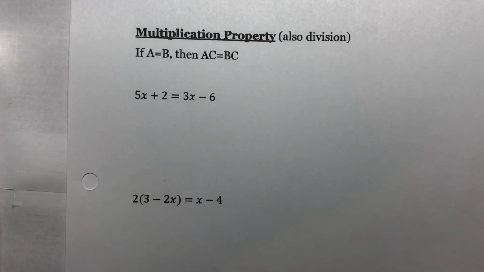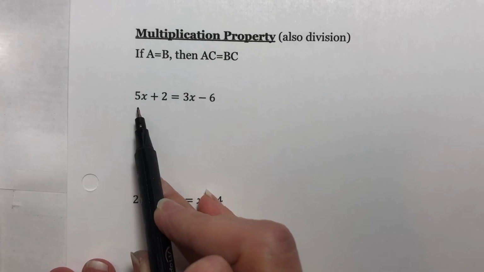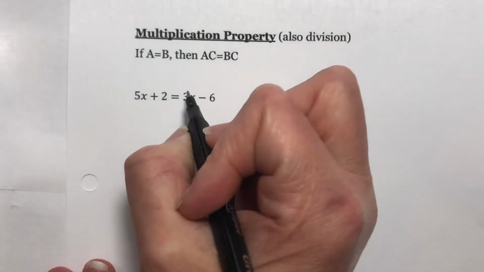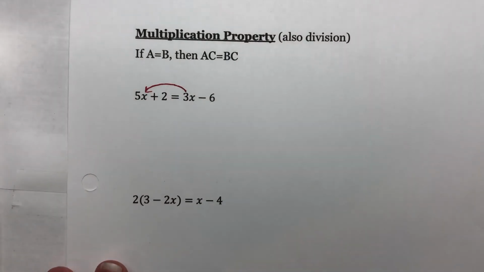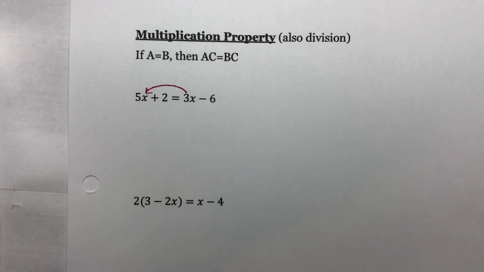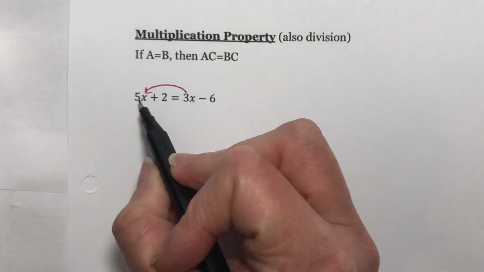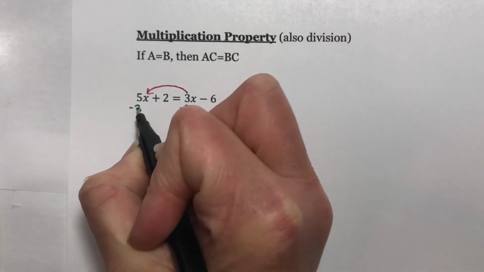For me, though, I want to move this 3x over to the left. So I'll usually draw an arrow indicating what it is I'm trying to do. This helps a lot because if you make a mistake, you can easily see what it is that you tried to do, so you can easily check that step. Technically, to move this 3x over, I'm subtracting 3x from both sides.